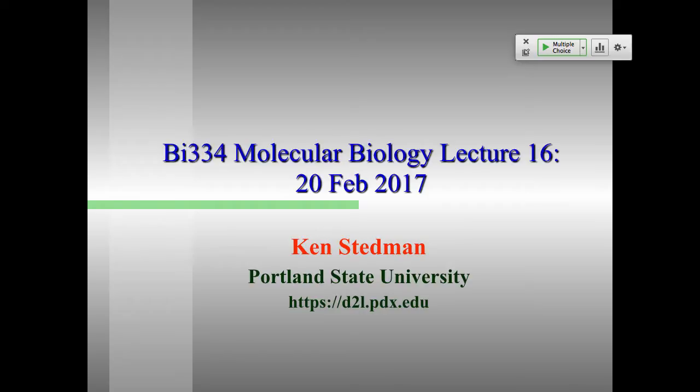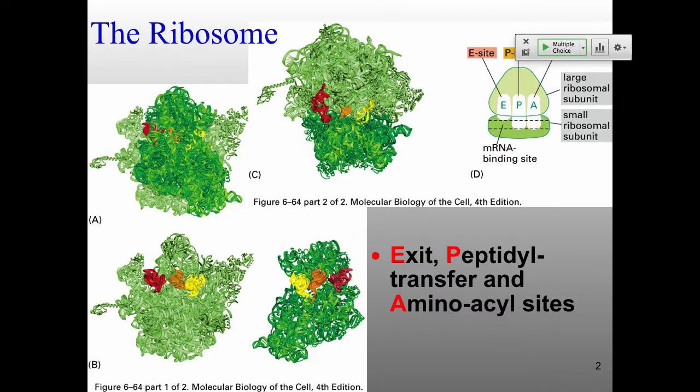Okay, so today we're going to continue talking about translation. Oh, sorry, yeah. U2AF is what's needed to bring U2 to the RNA structure, right? So U2AF, the U2 activating factor, is helping to bring U2 to your intron so that the branch point and all of the recombination can take place at that point to get splicing to take place.